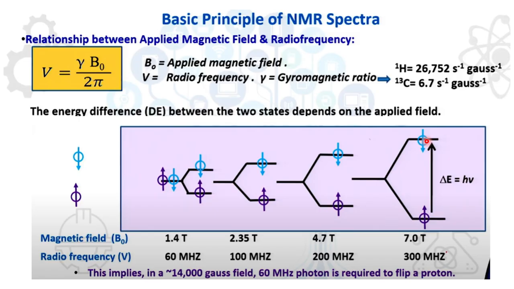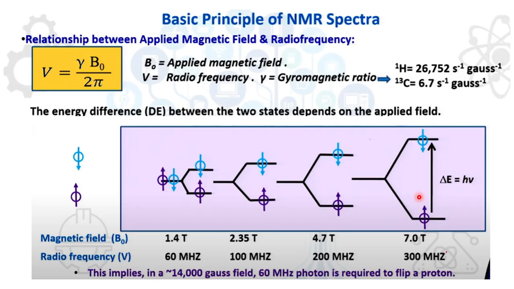Resonance means I am matching that gap by providing energy through radio frequency, because the gap that is generated in the case of NMR, because of the external magnetic field, becomes equivalent to the energy of the radio frequency of the different electromagnetic radiation. So we know there are different electromagnetic radiations, we have discussed in the very first class.